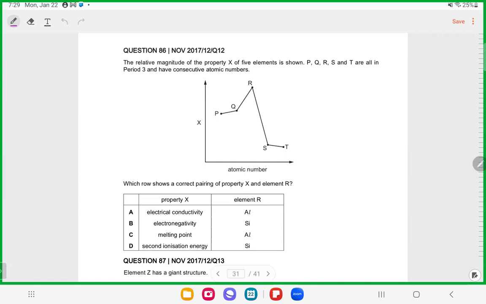Second ionization. नहीं नहीं मुझे A लग रहा है ना? That's true. It seems like it. है ना? Sodium, magnesium, aluminium. The electrical conductivity is highest for aluminium, and then silicon has an intermediate electrical conductivity value, and then you have non-metals. ठीक है? इन्होंने ड्रॉ किया है, डजंट मैटर.